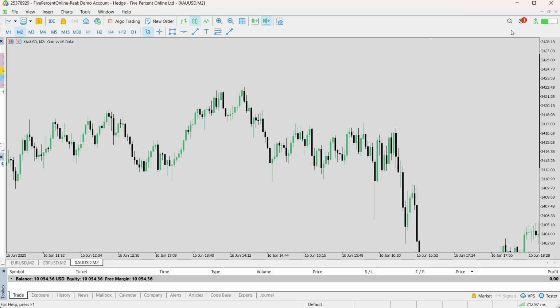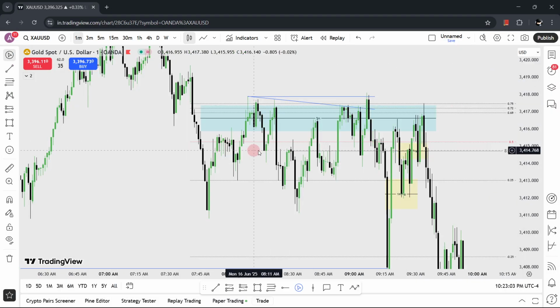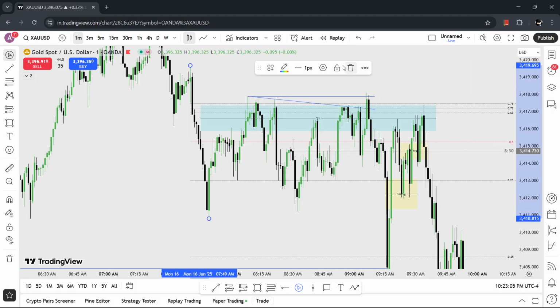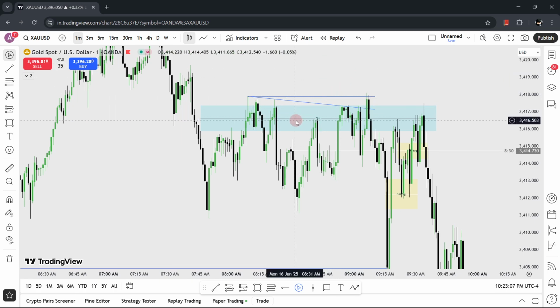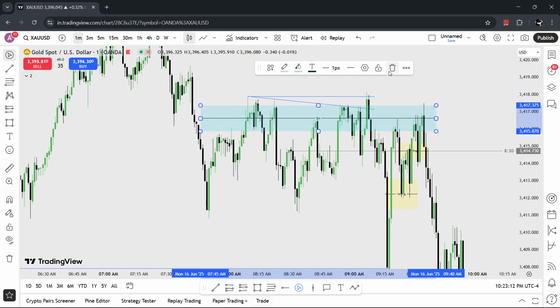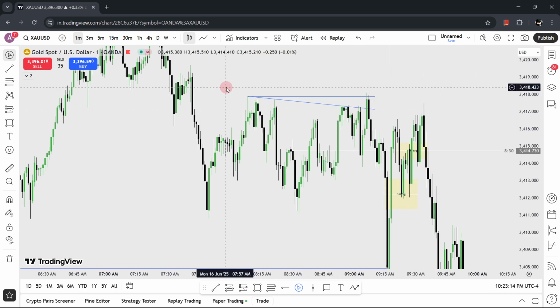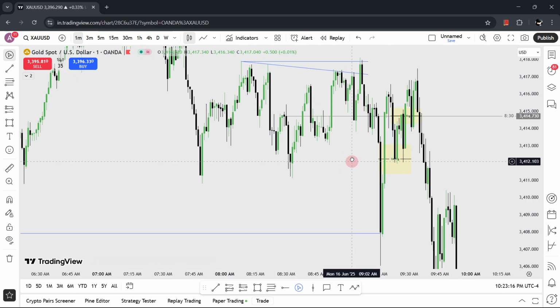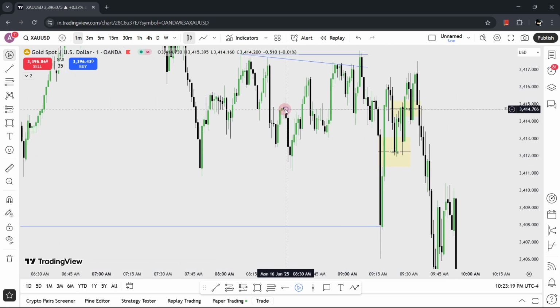And we'll go to the TradingView chart. I'm just erasing this. Okay, this is 5 minute. So if you just see, this is our 8:30.